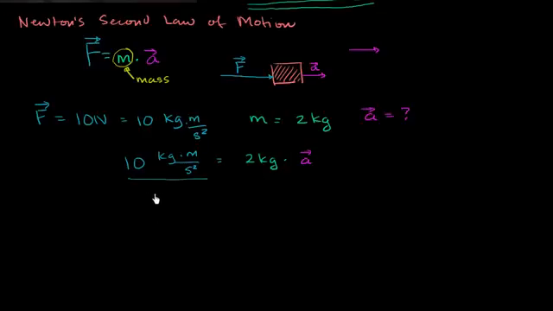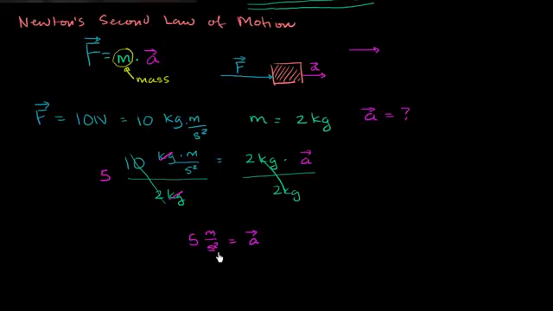That cancels out. 10 divided by 2 is 5. And then you have kilograms canceling with kilograms. Your left-hand side, you get 5 meters per second squared. And then that's equal to your acceleration.